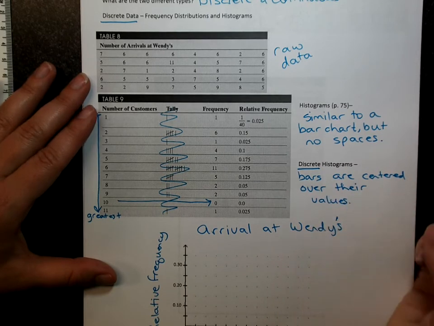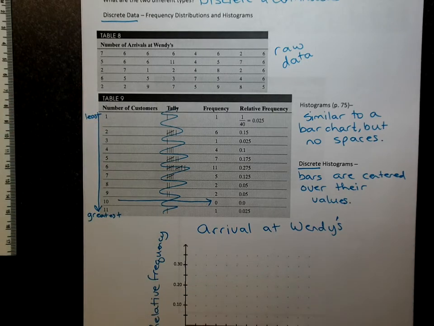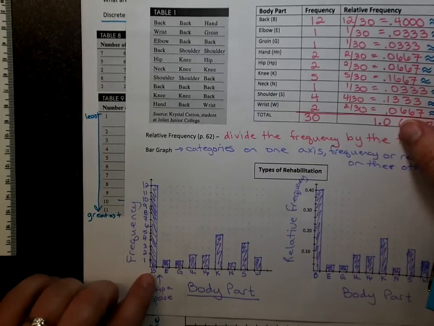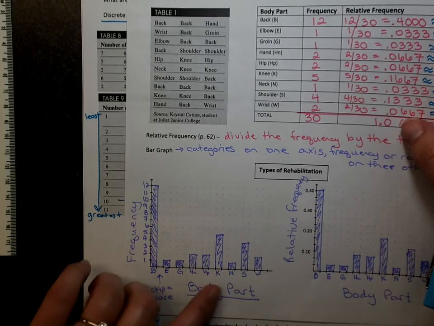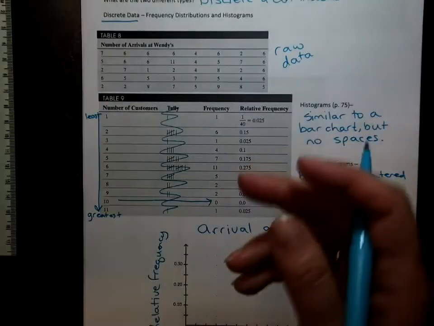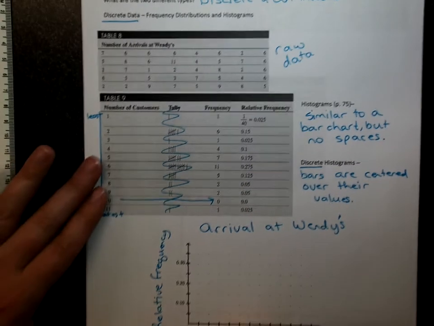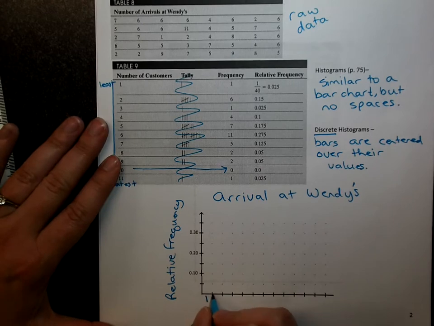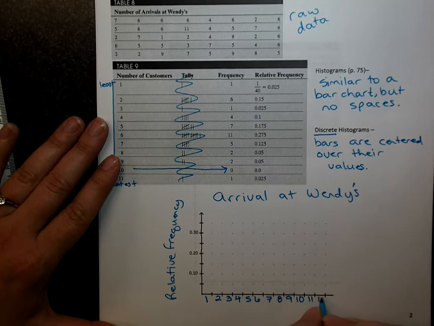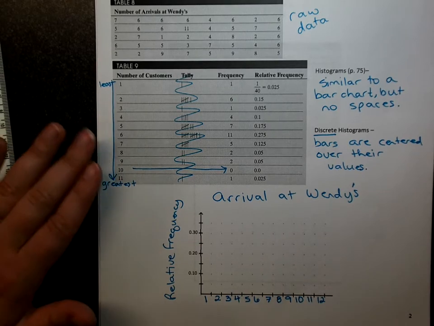Very similar to the categories. So if you go back to page 1, the bars were over each categorical letter. Same idea here. So we're going to put 1 between these two marks, 2, 3, 4, 5. We're not going to skip any numbers. 9 and 10, 11. You can put 12 even though we didn't have 12 as an output.